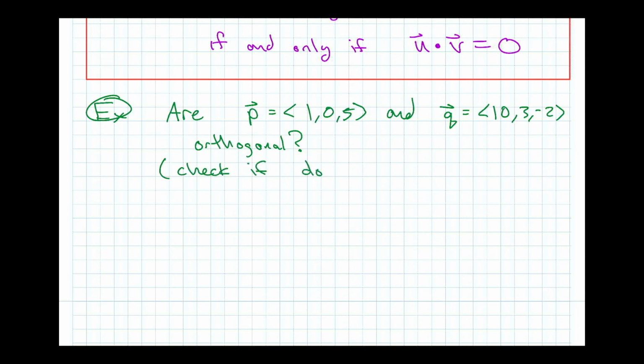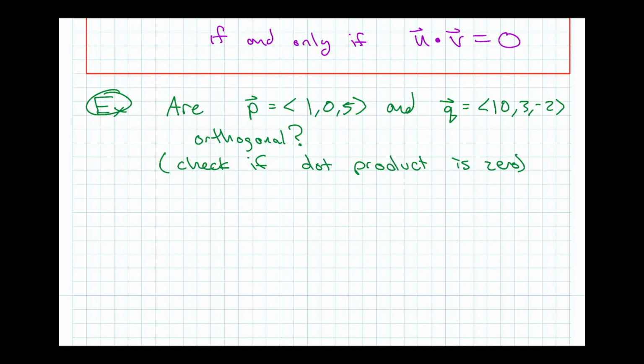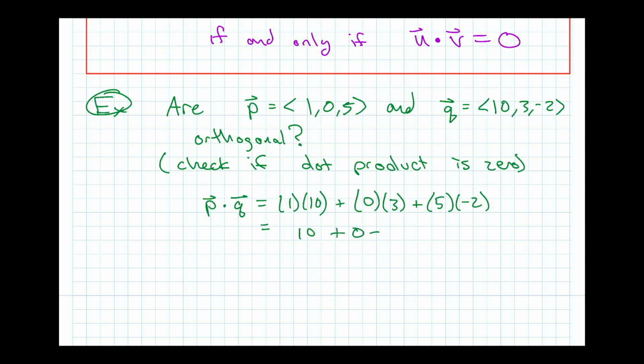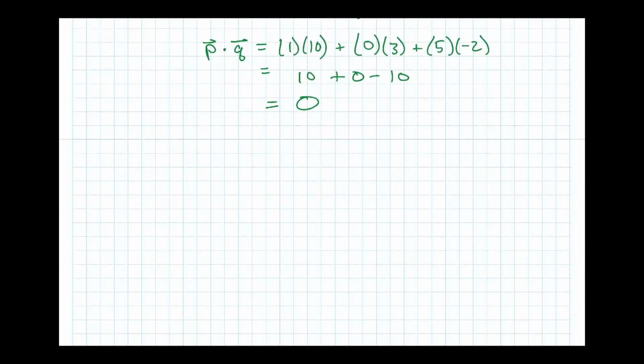That's really easy to check. P dot Q, follow the rules. It's 1 times 10, that's the first component, 0 times 3, that's the second component, plus 5 times -2, that's the third component. So that's 10 plus 0 minus 10. So the result is 0, right? So what's our answer? The answer is yes, they are orthogonal.